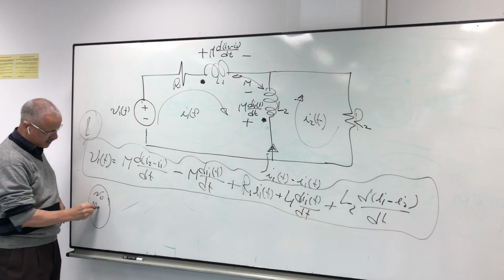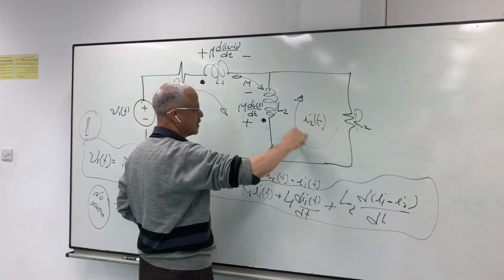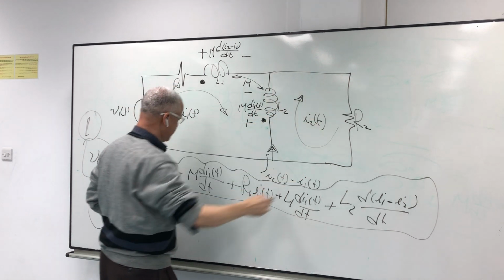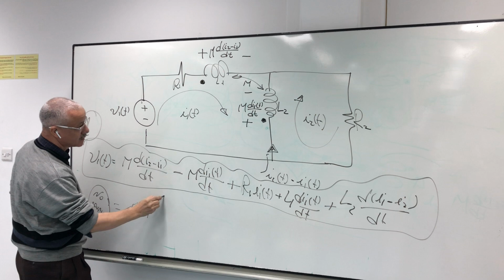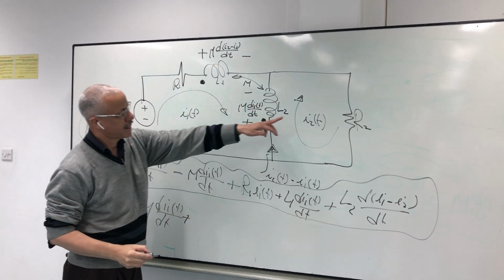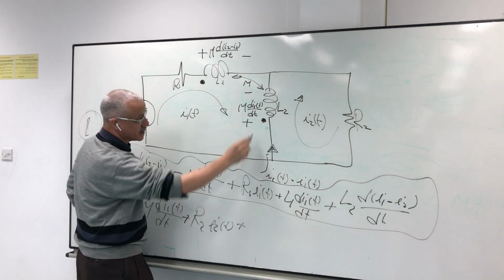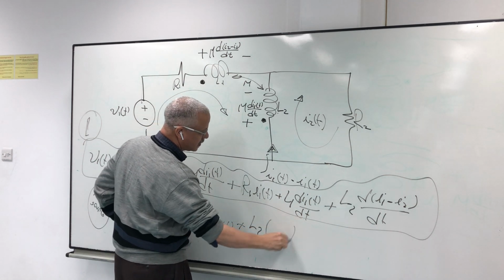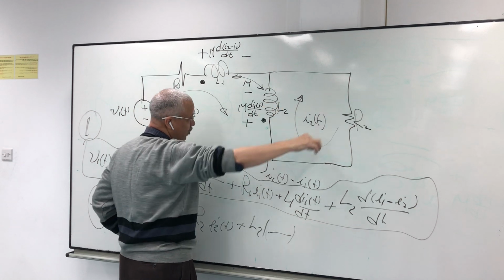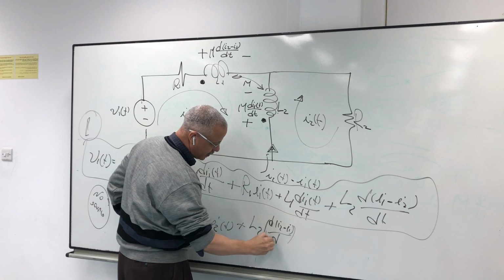No source, so this is zero. We have to move in this direction. Positive or negative? Positive: M di1 by dt plus R2 I2 plus L2 d(I2 minus I1) over dt, since we are going with the flow.